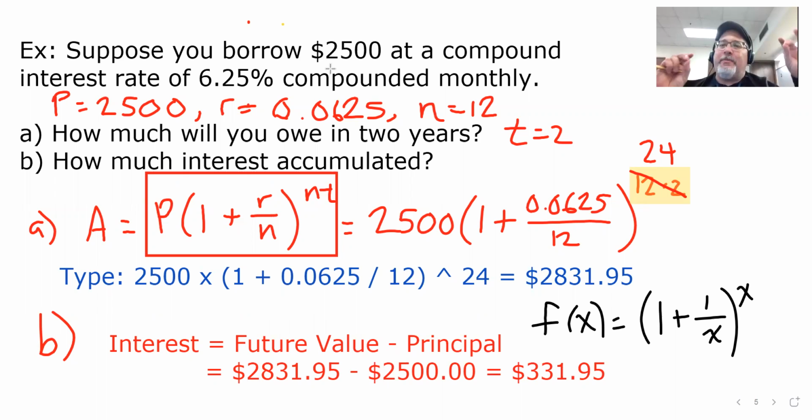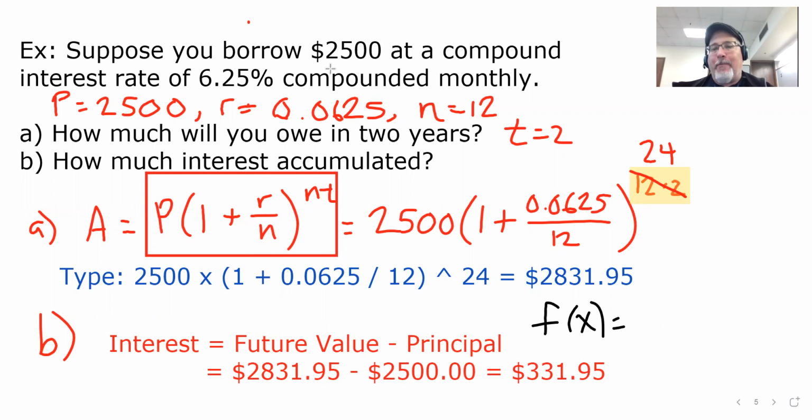Horizontal asymptote dictates end behavior, which is what happens when x gets really large. But in our formula here, it's not x, it's n. When n gets really large, that means we get interest more and more frequently. And as n gets closer to infinity, that means that we get interest continuously, hence the phrase continuously compounded interest.